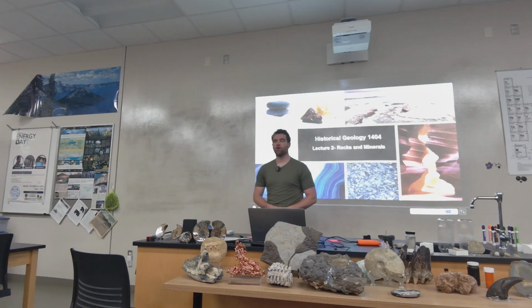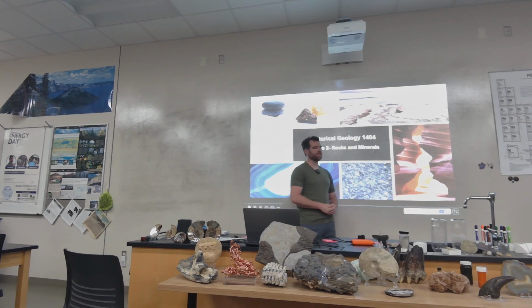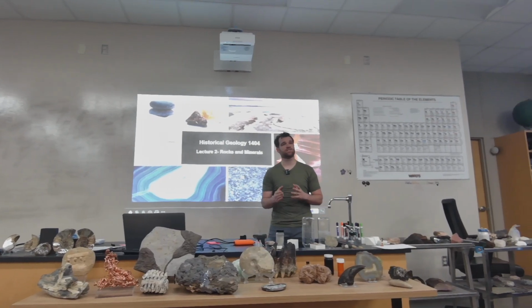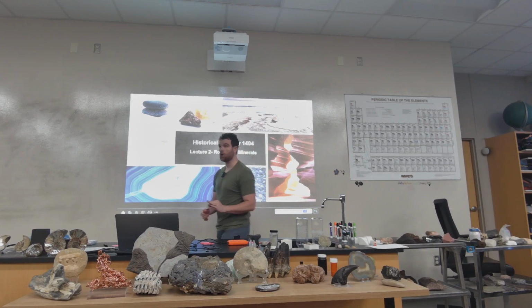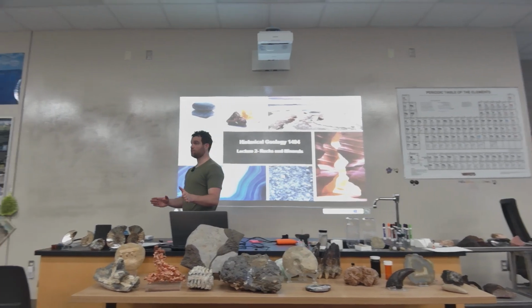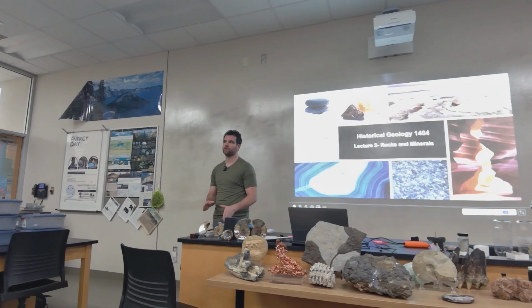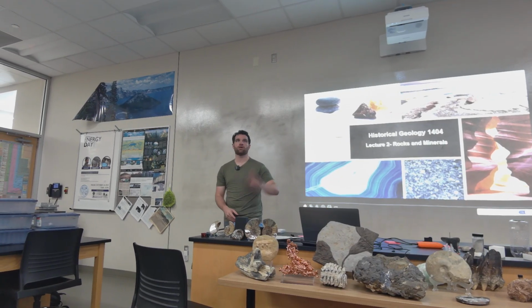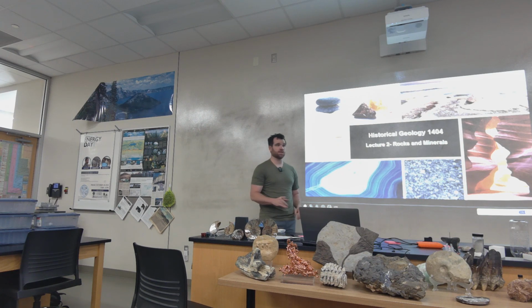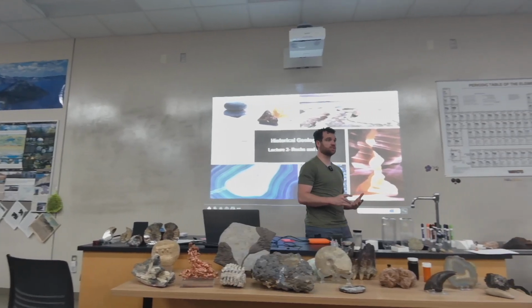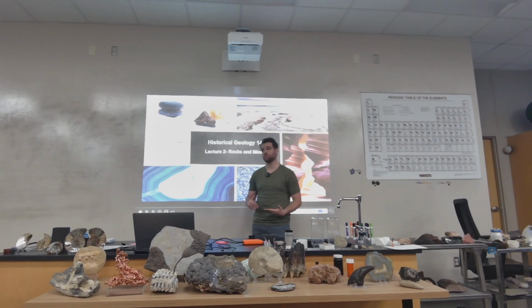Radiometric analysis. Radiometric analysis is when we take radioactive isotopes which decay at a consistent, measurable rate. Always. Uranium-235 will always decay at the same rate into lead-207, whether it's here or on Mars or across the universe. It is a constant, which means that we can use that constant to measure the age of substances that uranium is in.